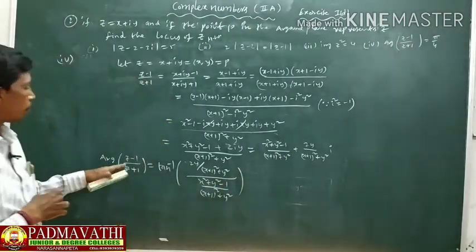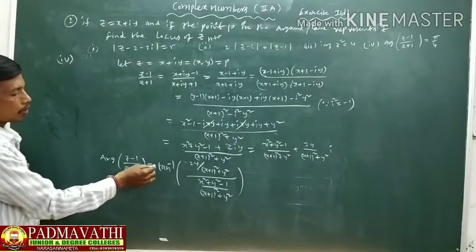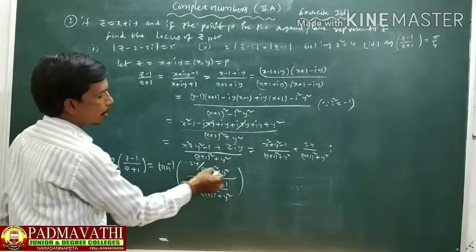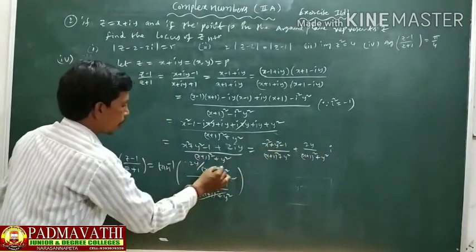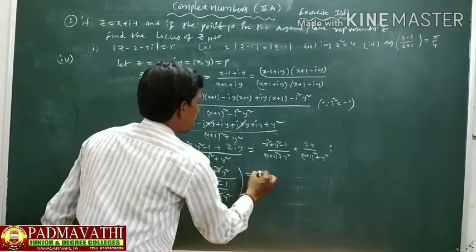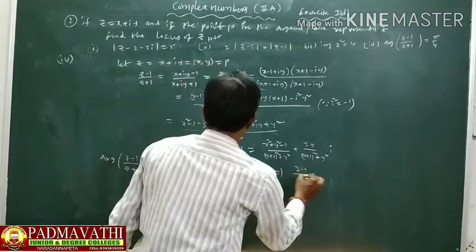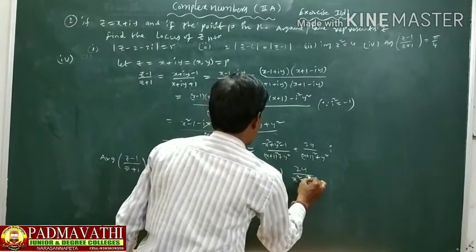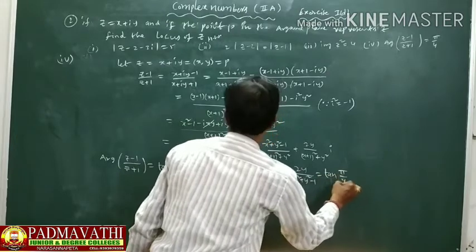These denominators cancel. It is given that the argument is pi by 4, which implies 2y by (x square plus y square minus 1) equals tan pi by 4.